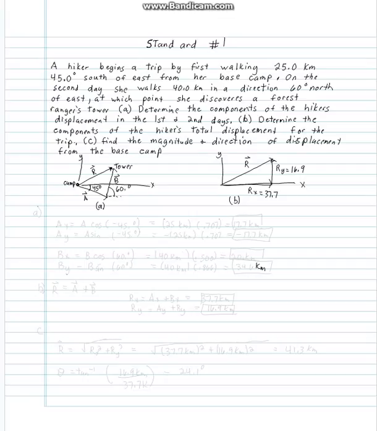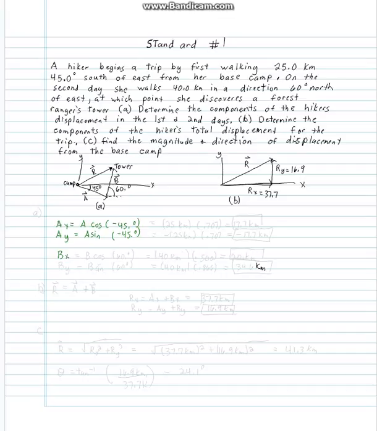To do that, vector A: A of x equals A cosine of negative 45 degrees. And then A in the y direction is equal to A sine of 45 degrees.